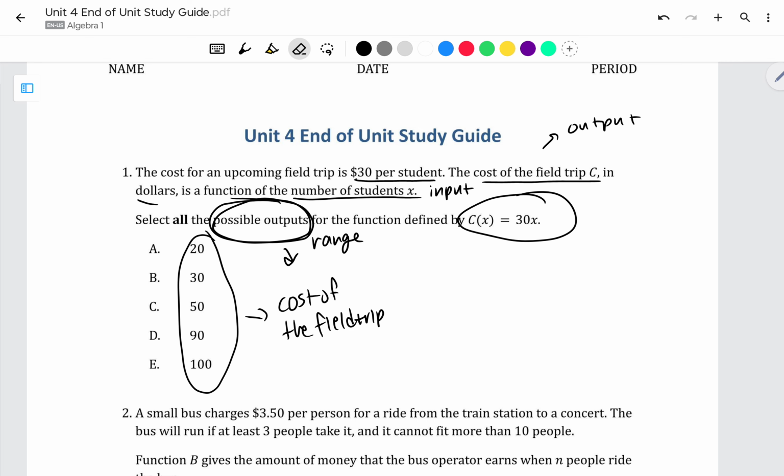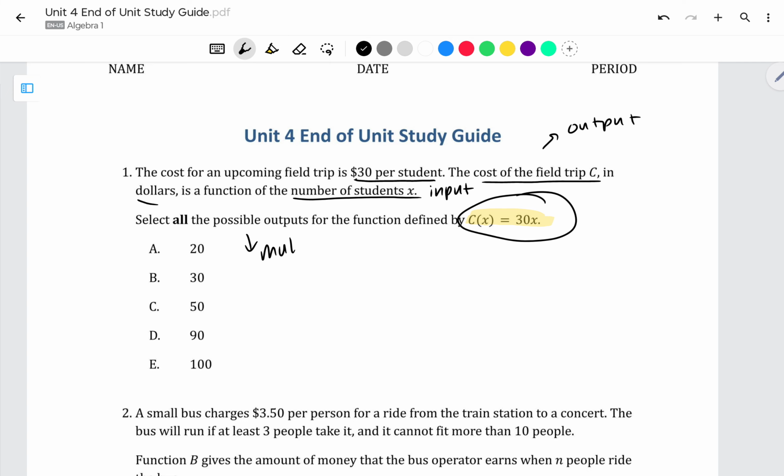So logically, just by understanding that the function is 30x, every student is $30. So the possible output values have to be multiples of 30.